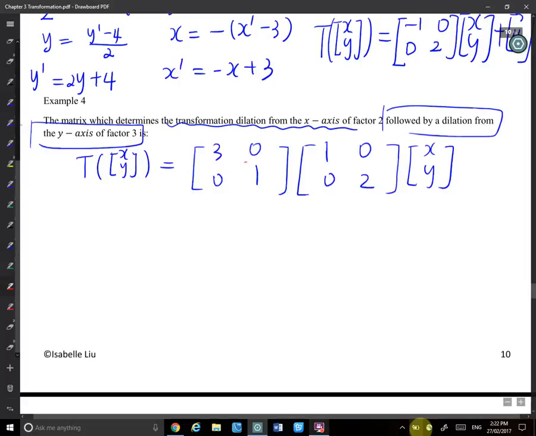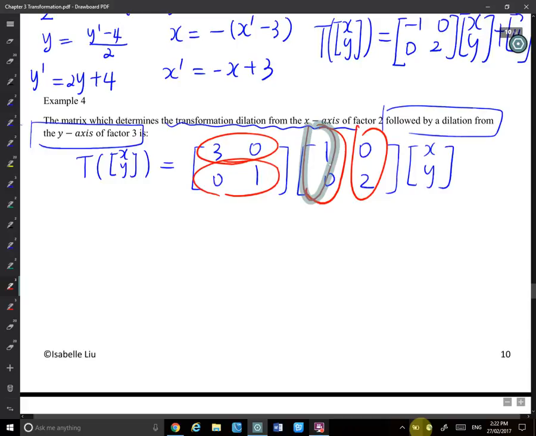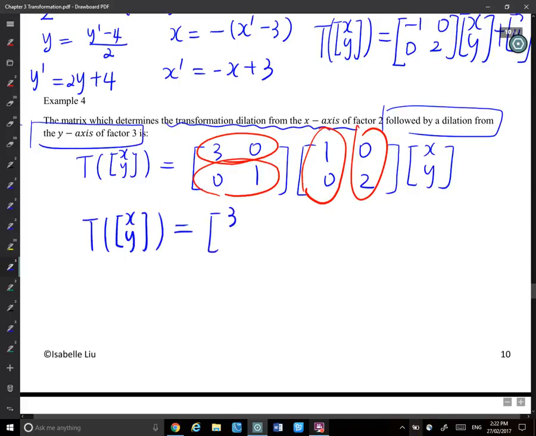So what I will have here is 3, 0, 0, 2, x and y.